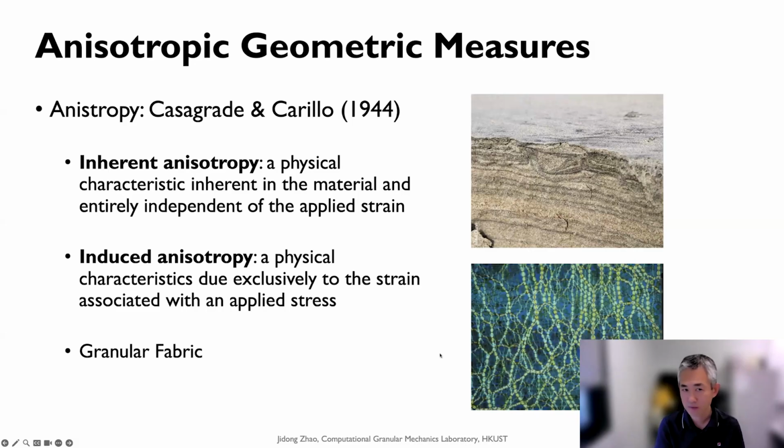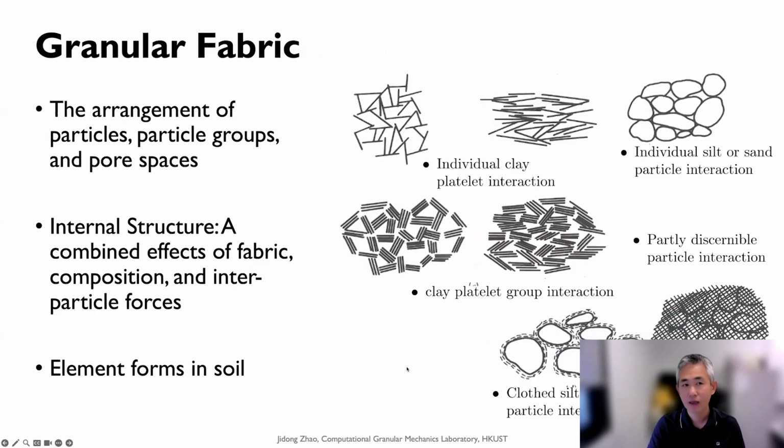And then how do we really quantify the anisotropy? People developed the so-called granular fabric to quantify it. Physically, the granular fabric can be understood as the arrangement of particles, particle groups, and pore space here. On the right, I listed the typical granular fabrics found in soils. For clays, we can have individual clay platelets, and then they can interact face to face and form a relatively isotropic structure or a more anisotropic structure, right?